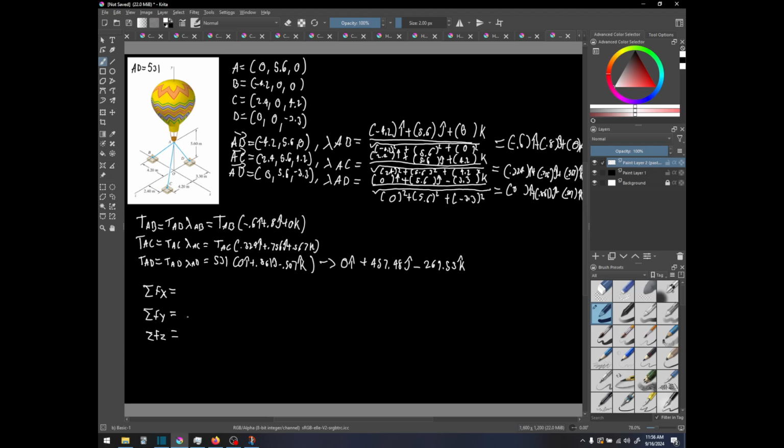Tension AB. Tension AC. And P. What variable are we trying to find? Is it P? Force P going upward.